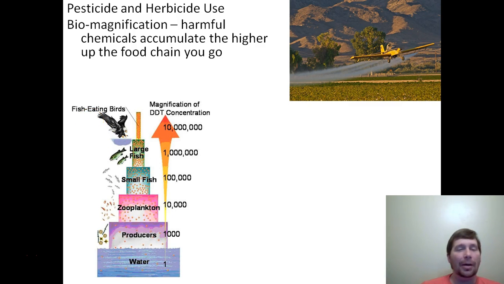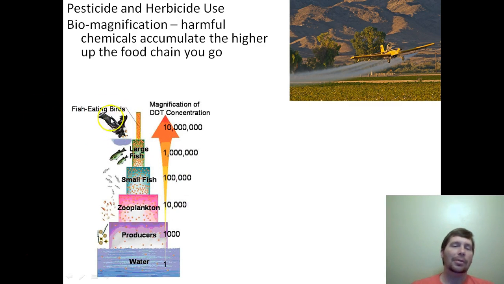If you think about it, it makes sense. A small primary consumer like a zooplankton may have an area that's this big that it lives in its entire life, so it's only going to be exposed to the chemical that falls in an area that big.